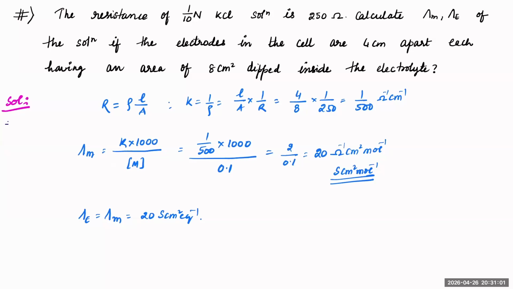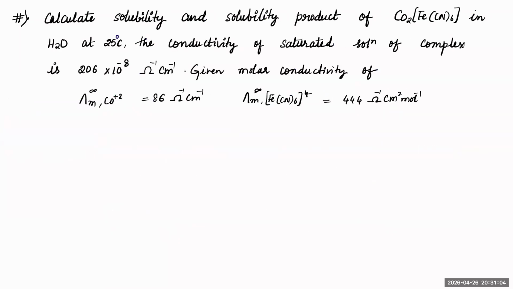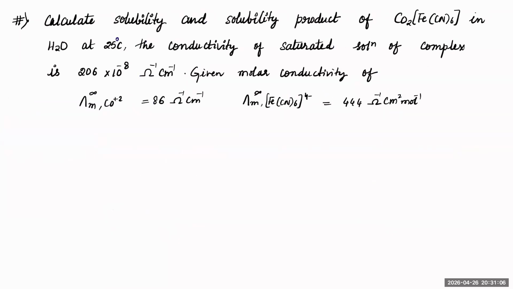All right. So now check out this case here. Calculate solubility and solubility product, that is S and KSP, of cobalt iron cyanide in H2O. Here cobalt is in +2 oxidation state, just to remind you.